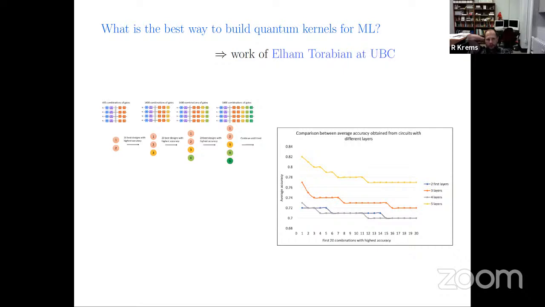So it's a hypothetical example that we can't afford at the moment, because we can't really build circuits with a very large number of layers here. So we're limited by the number of gates we can work with, and that's why we need an approach like this one to tell us what's the best combination of all those gates within a fixed number of layers and a fixed number of qubits.